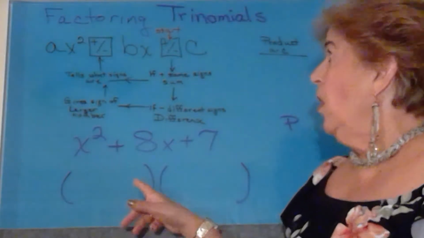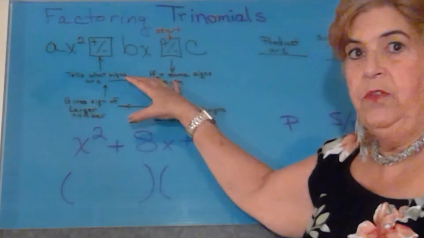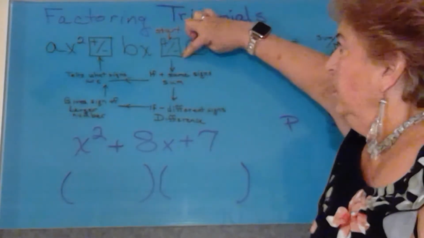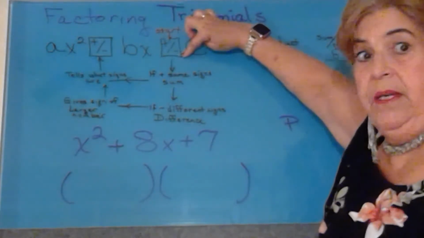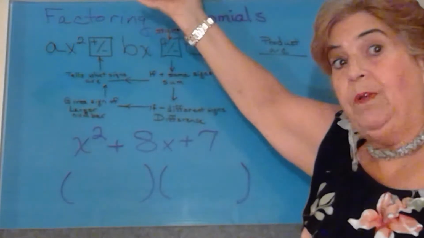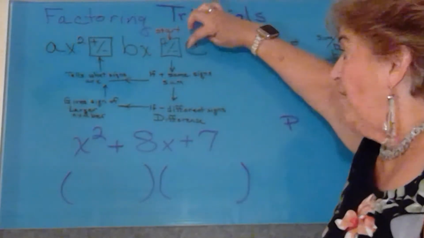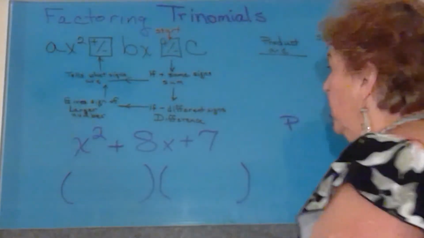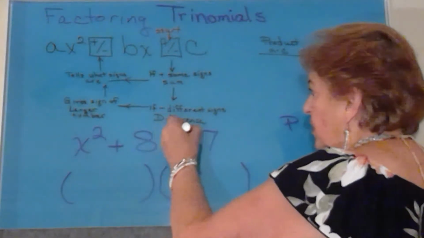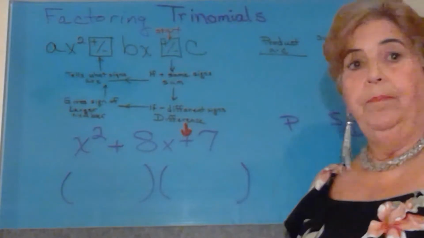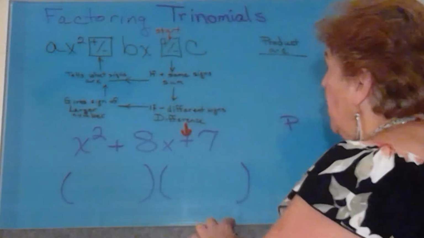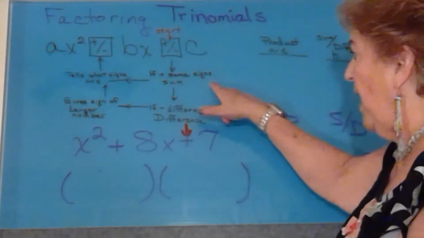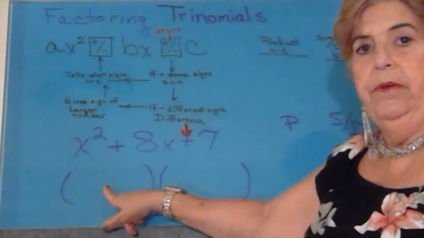Okay, so using this flow chart, if you notice it says start here. These little boxes have a plus or minus in them. It depends on the problem as to whether we are going to have a plus or minus. So if I start here for this problem, that is a plus, so that means I have the same signs here and here.